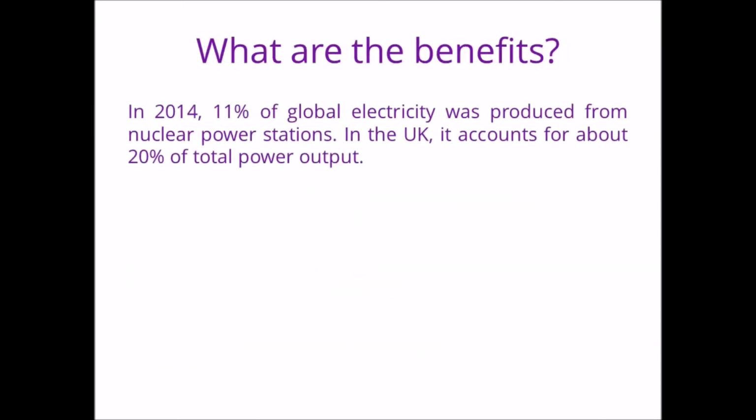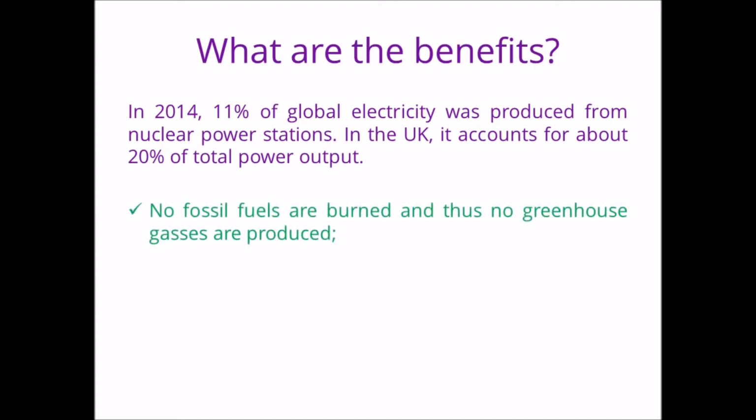So nuclear power is fairly commonplace, with in 2014 11% of global electricity produced from fission power stations, and in the UK it's accounting for around 20% of the total electricity supply. Many people wonder what are the benefits of using nuclear power, so we're going to discuss that very quickly now. Unlike traditional power stations, no fossil fuels are burnt and thus no greenhouse gases are produced.